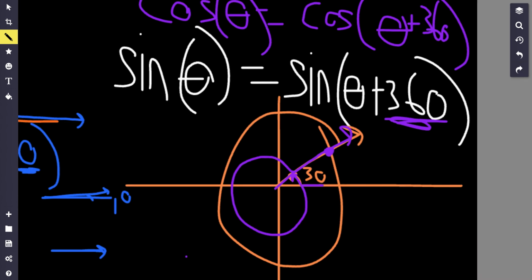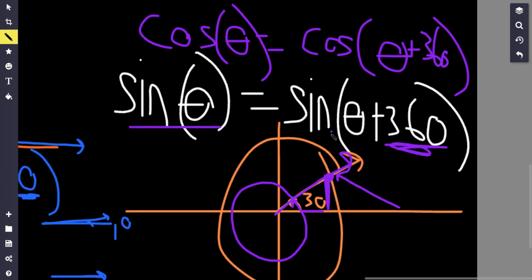Just to summarize everything, we know that sine of an angle represents the y value of this coordinate, right? And if you add 360 degrees on the unit circle, you're rotating around the circle one time and coming back to the same point. So that's why sine of an angle is equal to sine of that angle plus 360 degrees, because the y value remains unchanged after one time around the unit circle.